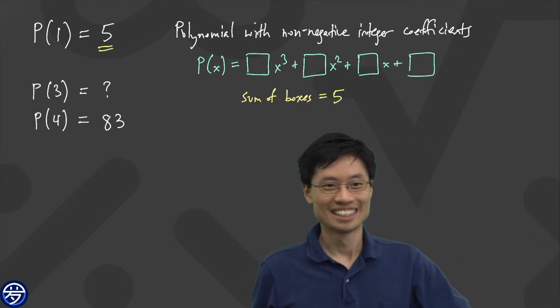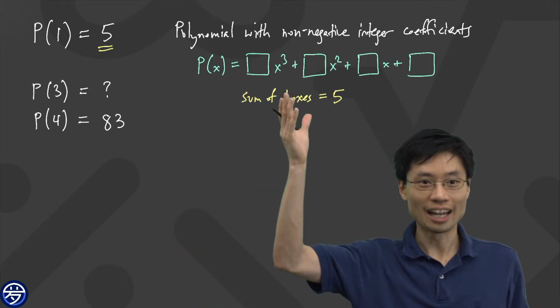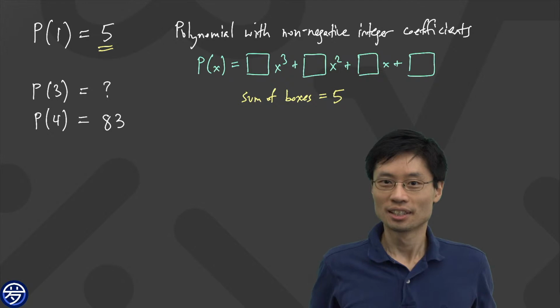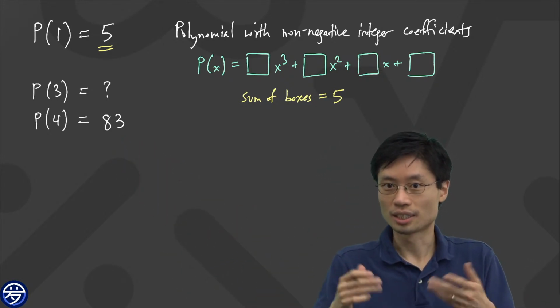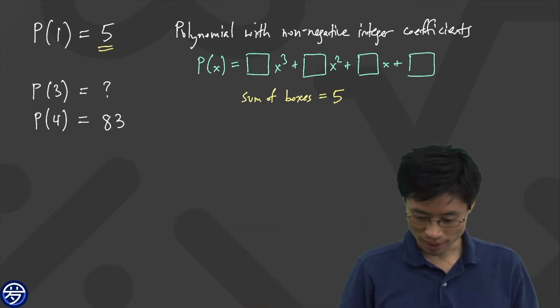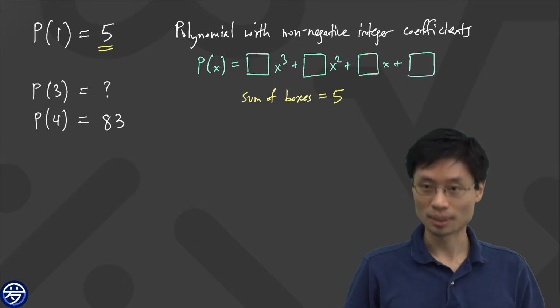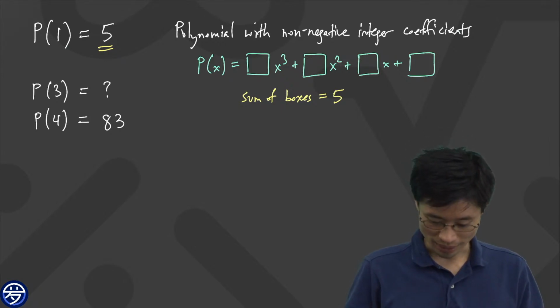All right, I'm back. All right, so let's see, what can we do? I need to have these things add up to 5. Now how do I make the 83? For the 83, I have these different powers. When I plug in 4, let's write the P of 4. Let's put it down under here.